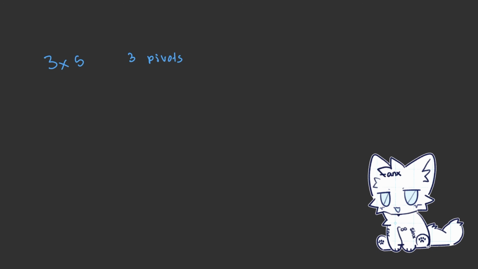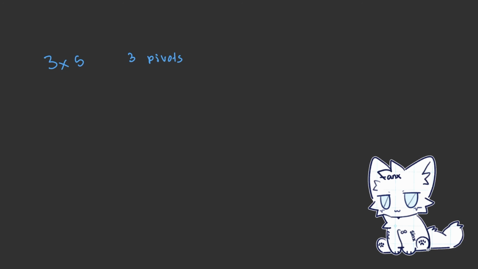Let's test another concept. Let's say you have a 3 by 5 augmented matrix. It has 3 pivots. How many free variables are there? Well, we can use this formula.